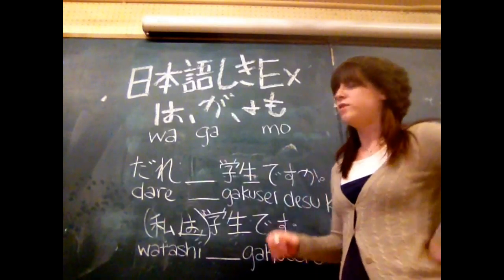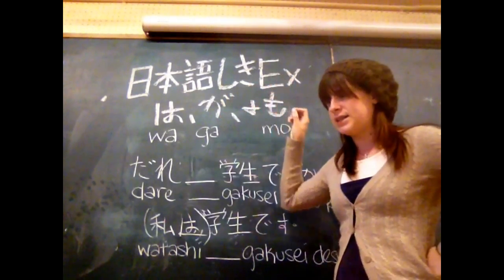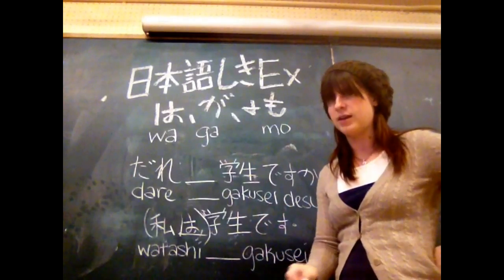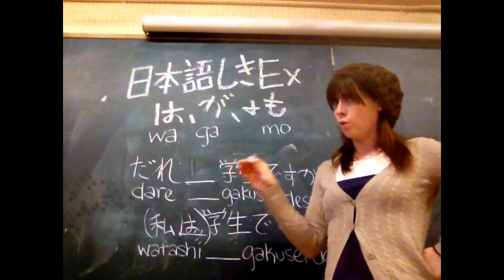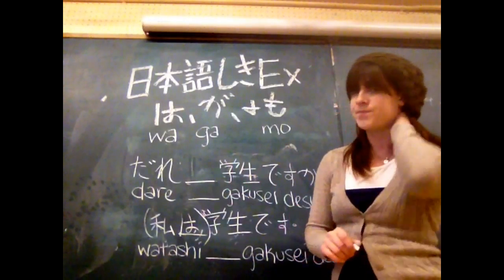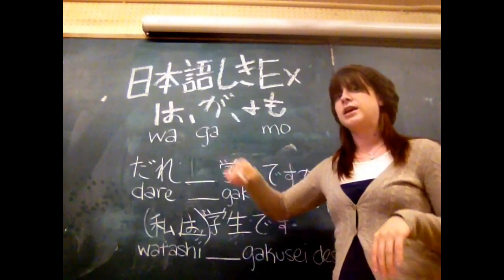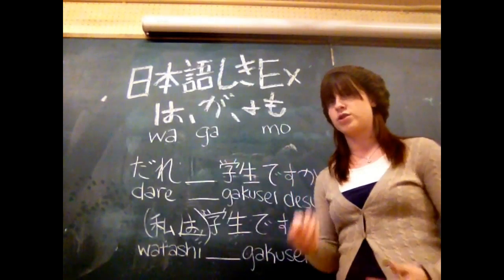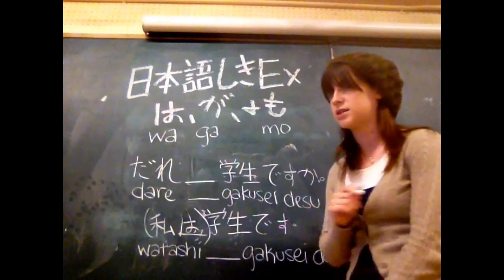Okay, so moving on, we've then got this ga, which is called the subject particle. Again, I told you, subject does not necessarily mean what you think it means as far as English grammar would go. A lot of people also refer to this as the identifying particle instead of the subject particle in order to forego this exact misconstruing.